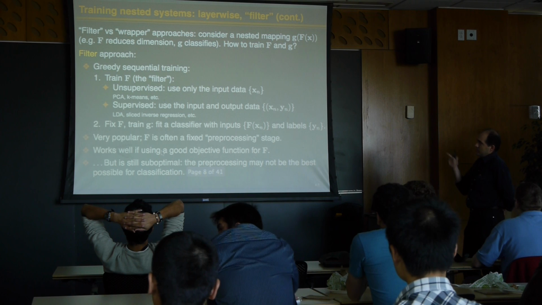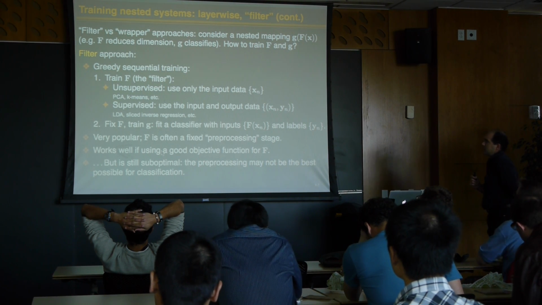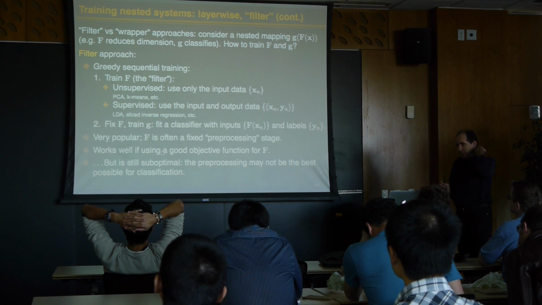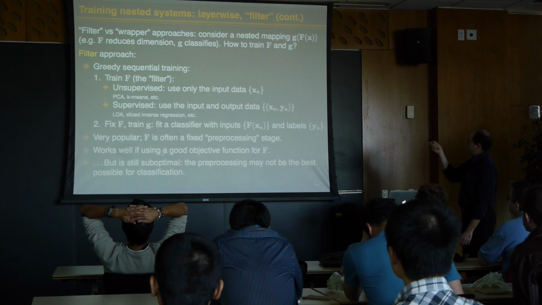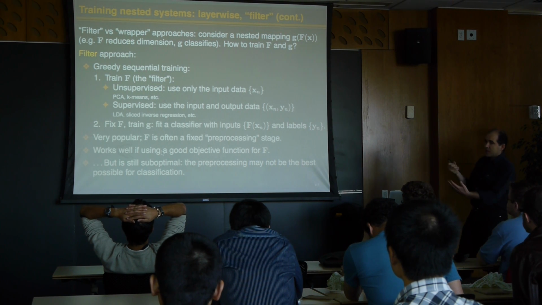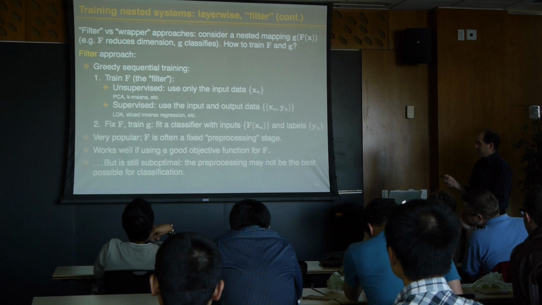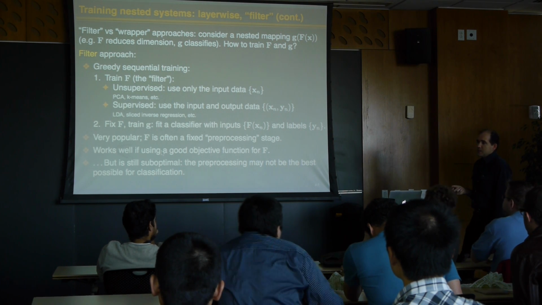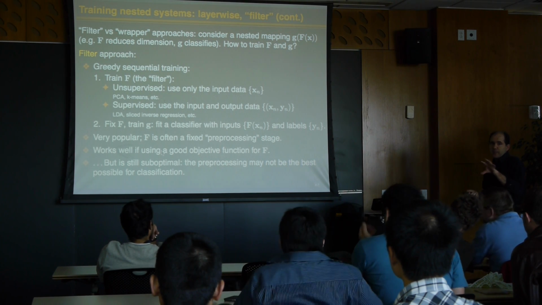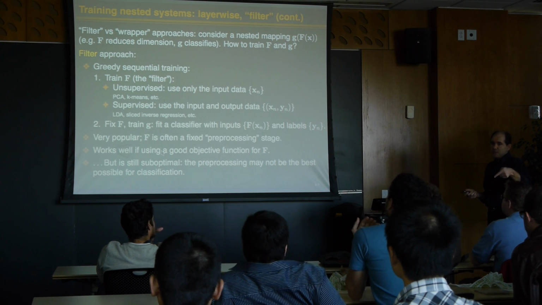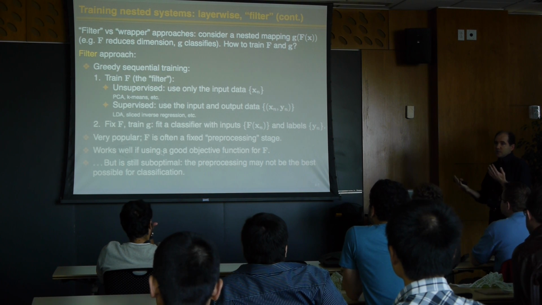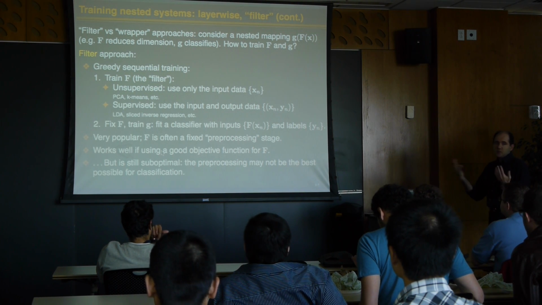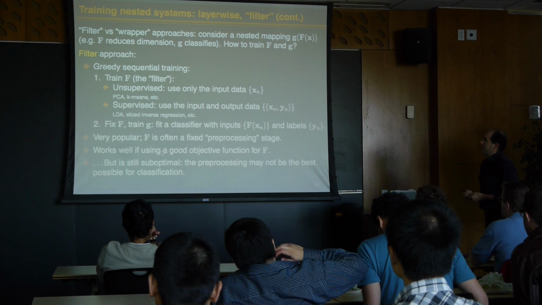Following on this, there is in machine learning the terminology filter versus wrapper classification. What this means is, for example, if you have a mapping of this form where G is a classifier and F is a function that does some pre-processing on your input, think, for example, of X being an image and F being PCA, that reduces the dimensionality, and then after that you do classification, then this is a nested mapping, and ideally you would like to train G and F, that is the classifier and the projection, jointly to optimize the whole thing.